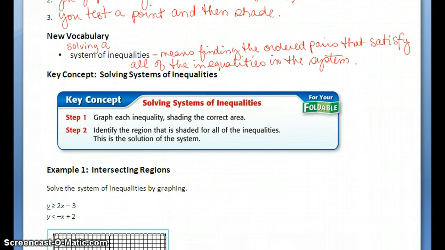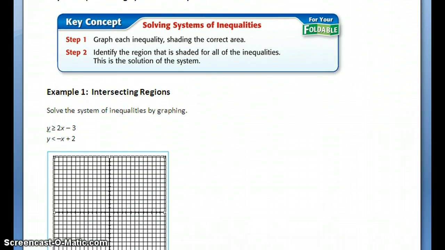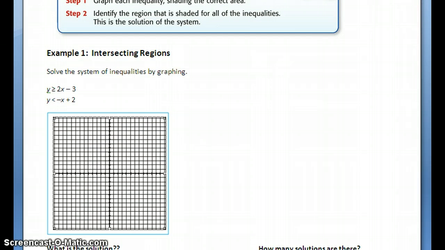So let's go to example one. The best way to do this is to figure it out by doing, I think. So when we graph y is greater than or equal to 2x minus 3 and y is less than negative x plus 2, let's just start by using this very first one.